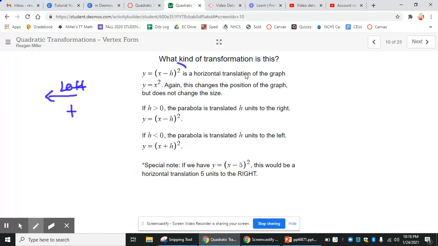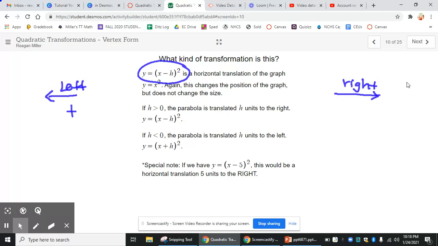But remember, we're starting out with a negative on the inside of the parentheses. And if we're going to move to the right, we're going to start out with our h value being negative. Okay, so hopefully that's helpful in explaining what h and k are going to do to the graph.